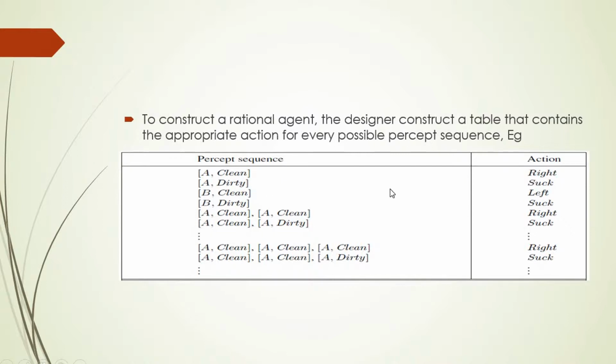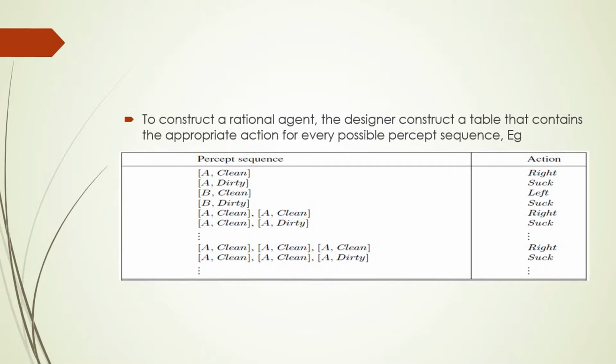If square A is dirty, suck. If square B is clean, move to the left. If B is dirty, suck. If A is clean and A is clean, and so on. The table is like you are putting in every possible percept sequence. But like I said, this approach is instructional. Since we are beginners to artificial intelligence, it's a way to understand how to put it.